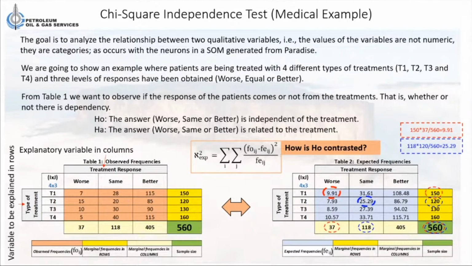It's important to verify that in the table of expected frequencies, the percentage of cells with expected frequencies lower than 5 is less than 20% of the cells. A higher value will invalidate the chi-square test, and the statistical methodology allows to collapse or regroup contiguous categories or cells with expected values less than 5.